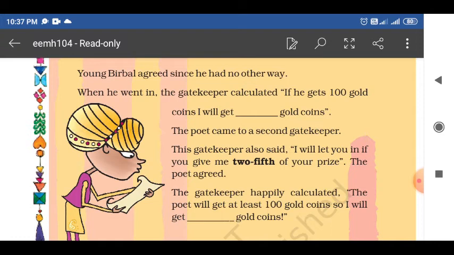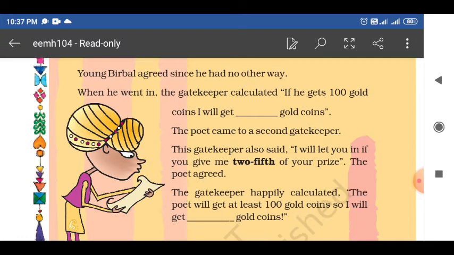The poet came to the second gatekeeper. This gatekeeper also said, I will let you in if you give me 2/5 of your prize. The poet agreed. So the second gatekeeper also asked for some money in a fraction. Yes, 2/5 portion.